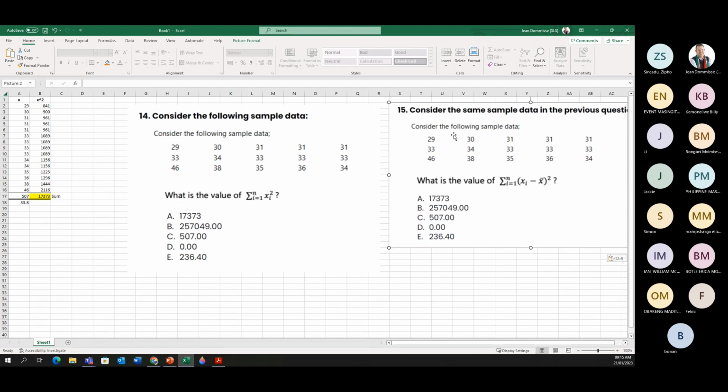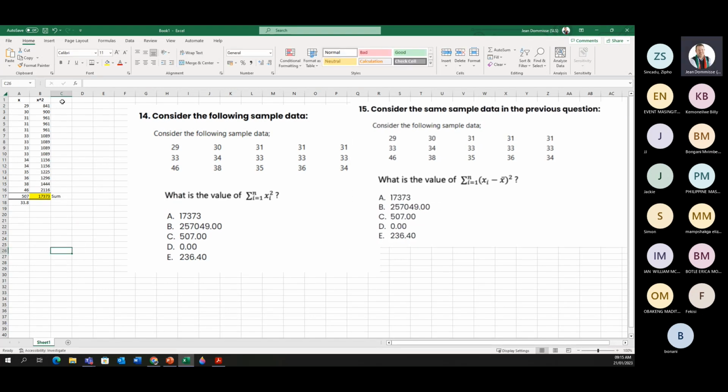Okay, so let's do that formula. X minus, I'm just going to say mean, and to the power of 2. I nearly missed that.